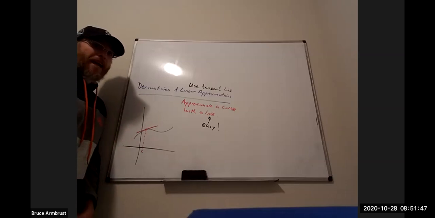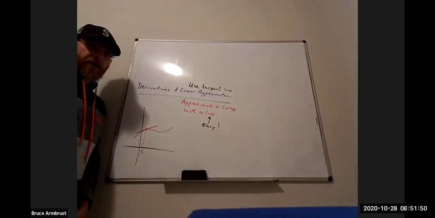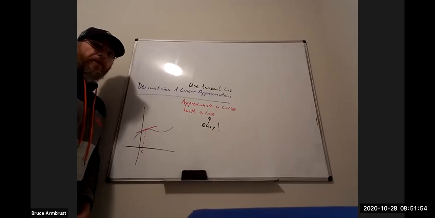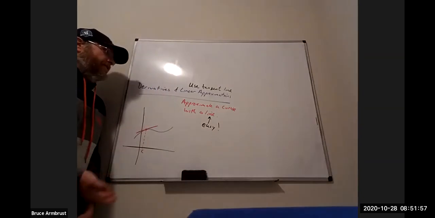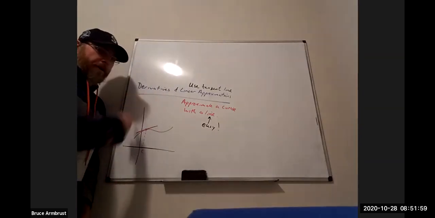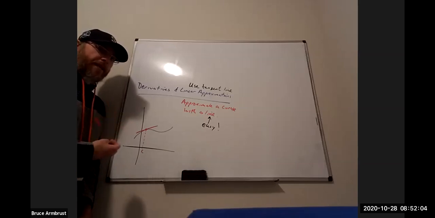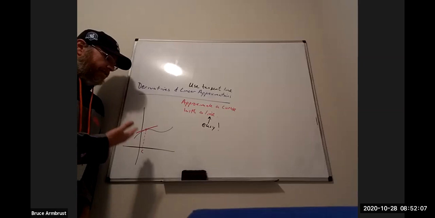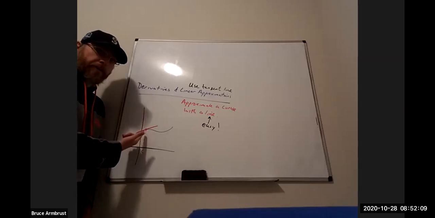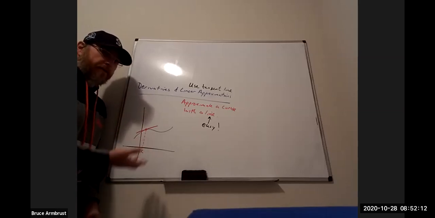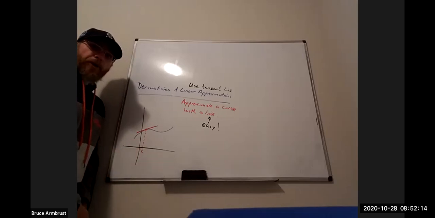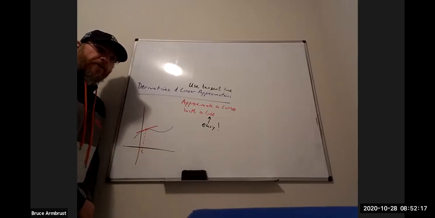That was even the rationale for using linear approximations: if you get close enough, it looks linear. So we're going to use that tangent line. That's why we care about the derivative. That's what makes this an application: this derivative gives us the slope. We also have a point, conceivably, and that point and that slope are enough for us to get the equation of that line, and then we can use that line.